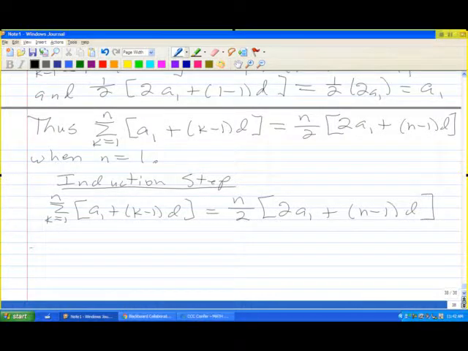Then I want to show that this holds when I replace n by n plus 1. And so then, well, let's replace n by n plus 1. Let's see if this holds.